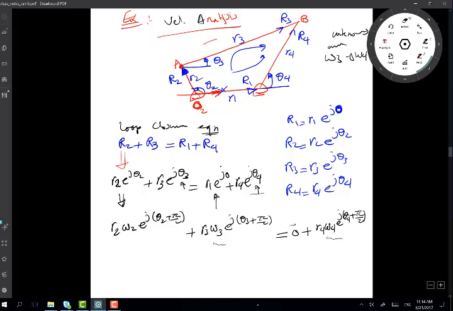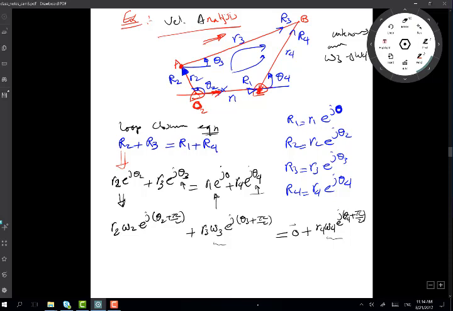But R3 is not that. It's a relative position vector. So when you differentiate R3, you get a relative velocity. The derivative of R3 gives you the velocity of point B with respect to an observer attached to point A. So it does not give you the real absolute velocity of B. You get the velocity of B when you differentiate R4, because it relates B to a stationary point.